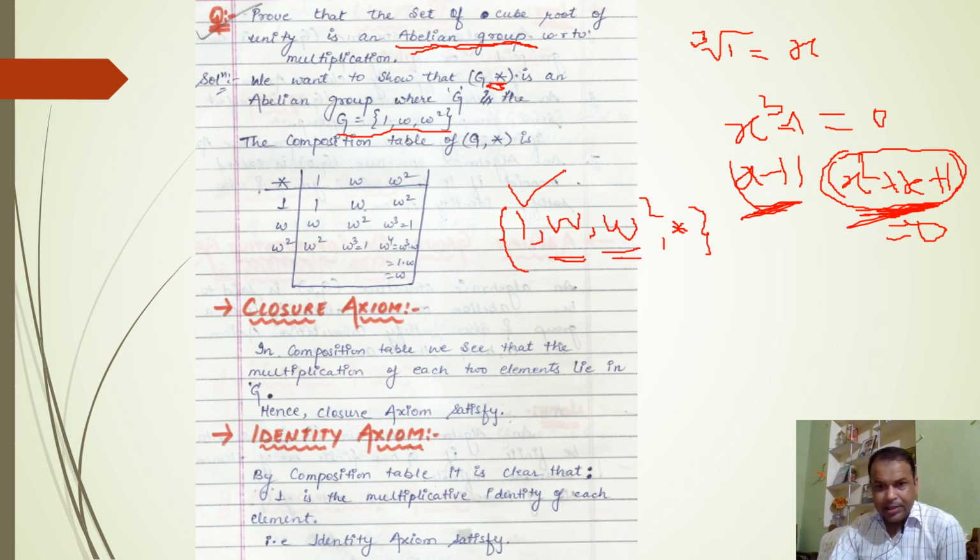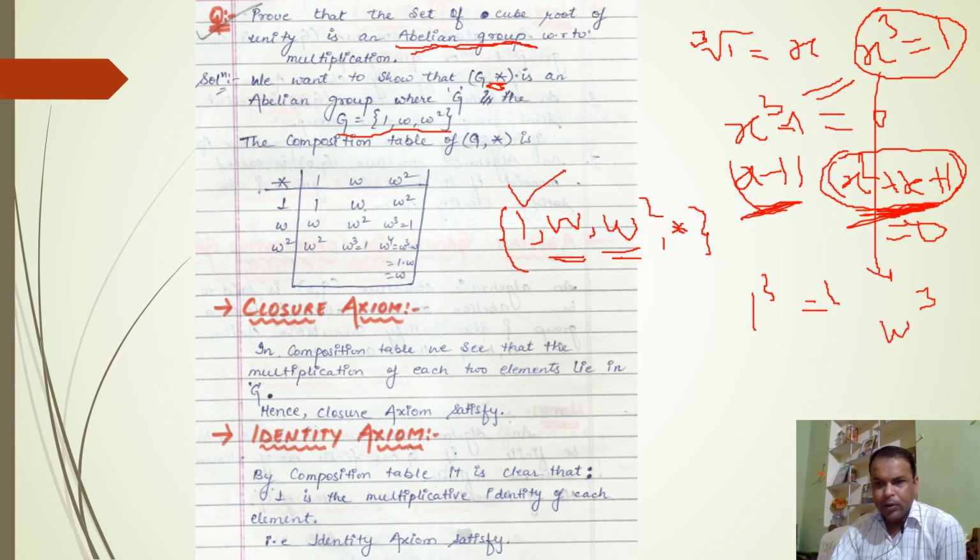As 1 is the cube root of unity, 1 to the power 3 is equal to 1, because x cube must be equal to 1. All these 3 roots must satisfy this equation. So if we take omega, it gives omega cube equal to 1. This is one more important result: omega cube equals 1.